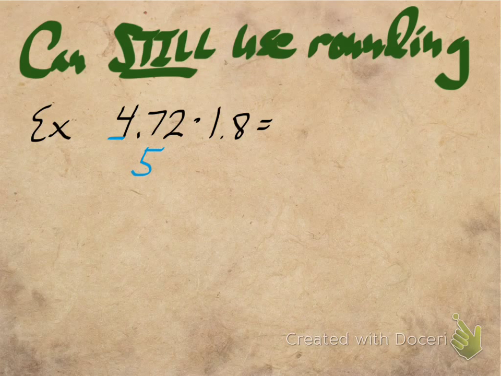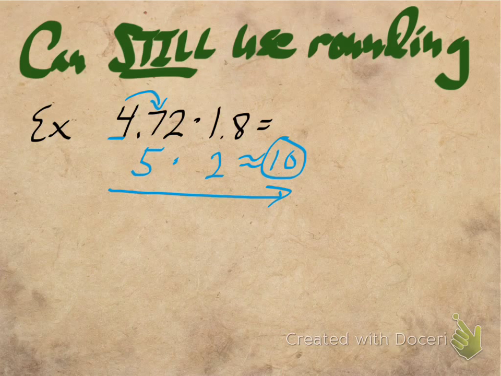We look at the 4, we look at the 7. 5 or above, give it a shove, so it goes up to 5. Same thing happens to the 1.8, it's going to move up to 2, and 5 times 2 is approximately equal to 10. So that is my estimate. This entire process is the estimate. We show the work, what the two numbers rounded to, and then this number here, the answer, is actually the estimate. So if I said to first round these numbers and then find the sum, difference, product, or quotient, basically to find the estimate, it is finding this answer, 10.